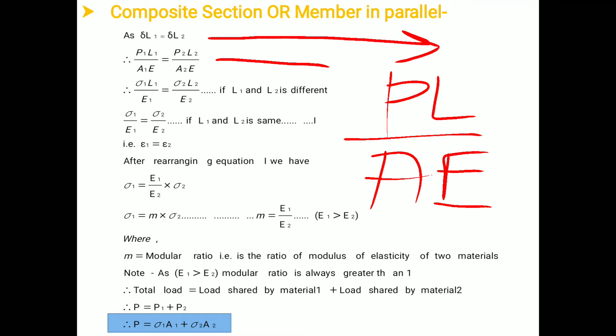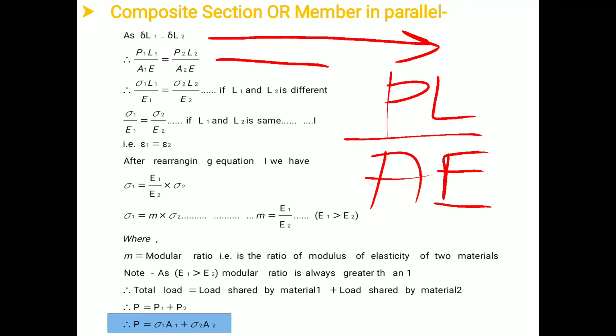Therefore this will be P1 L1 upon A1 E1, which is equal to P2 L2 upon A2 E2. After solving it, if I have L1 and L2 as a different value, then I am having sigma 1 L1 upon E1, which is equal to sigma 2 L2 upon E2.